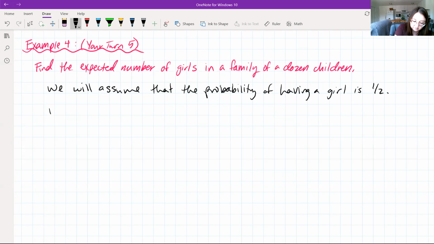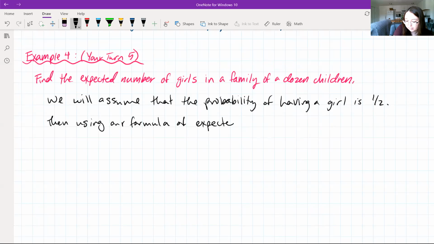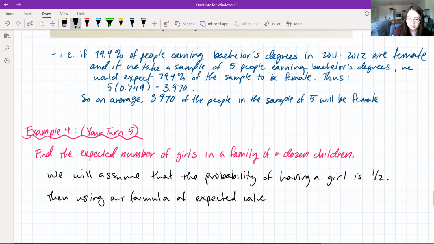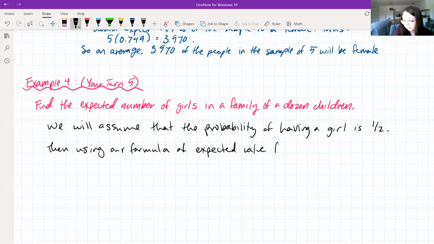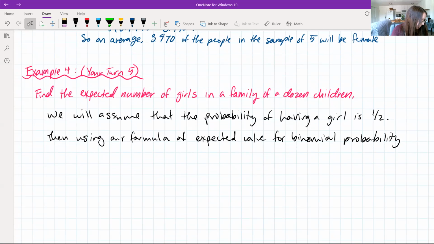Then, using our formula here of expected value for binomial probability, we're going to set n equal to 12, since we know there's a dozen children.